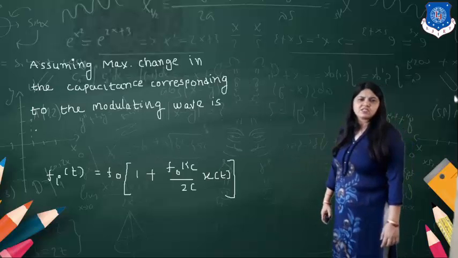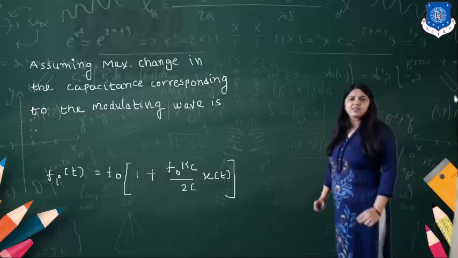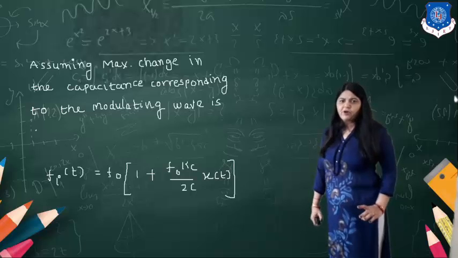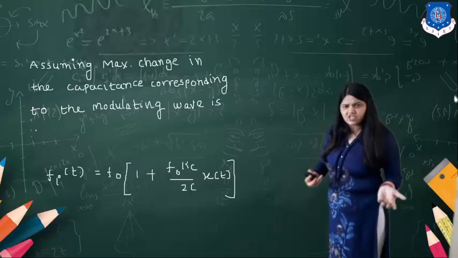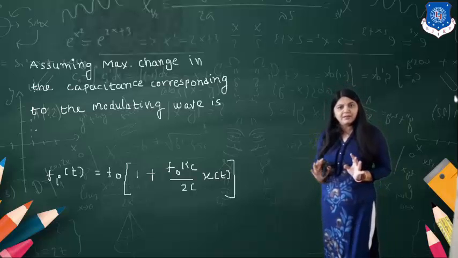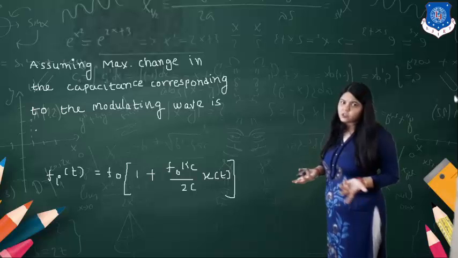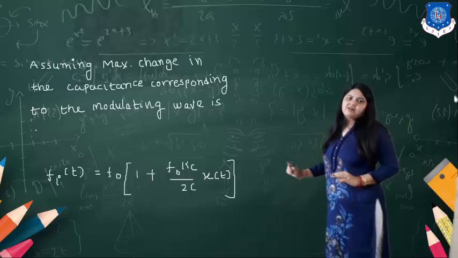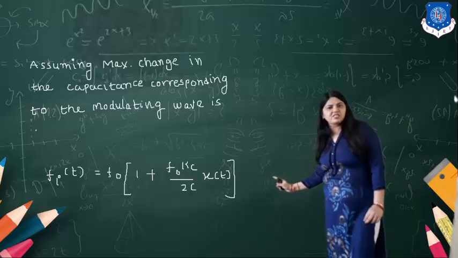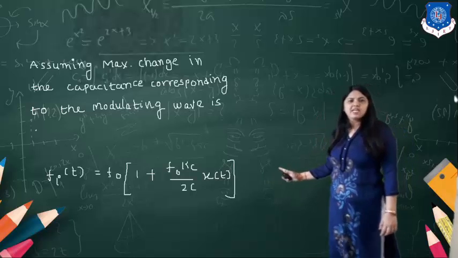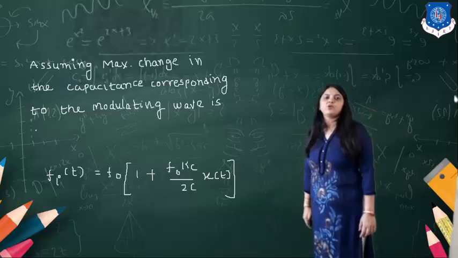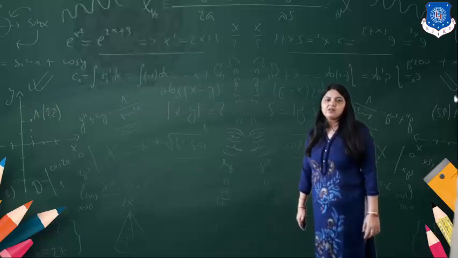So here we can assume the maximum change in the capacitor corresponds to the modulating wave. The modulating signal is changing, thus the CT value can be changed. But if you assume the modulating signal is 0, there is no change. So over here your final equation would be fi(t) is equal to f0 in bracket 1 plus f0 Kc upon 2C into x(t).